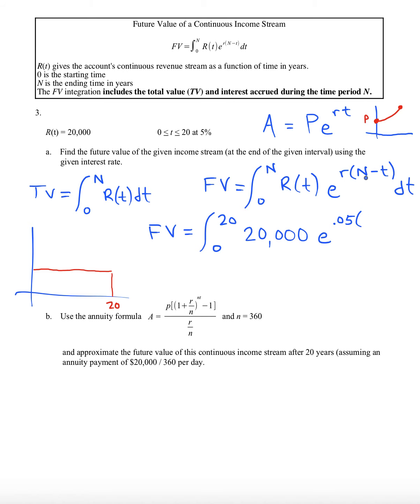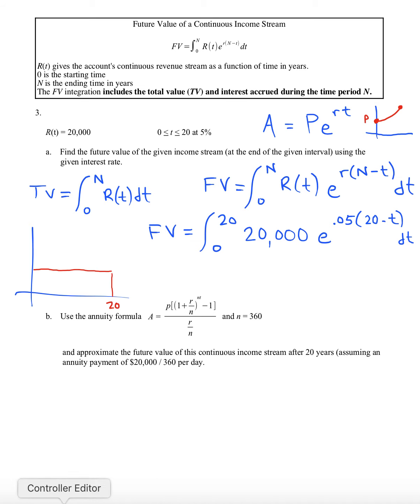And for n, we actually want to plug in the same number that we had put as our upper bound. So let's do 20 and then leave our t as a variable because we're integrating with respect to time t. That's the integral we want to do. You can do it with a TI-84 Plus CE calculator, and you can also do it using an online web app if you want to evaluate this quickly.